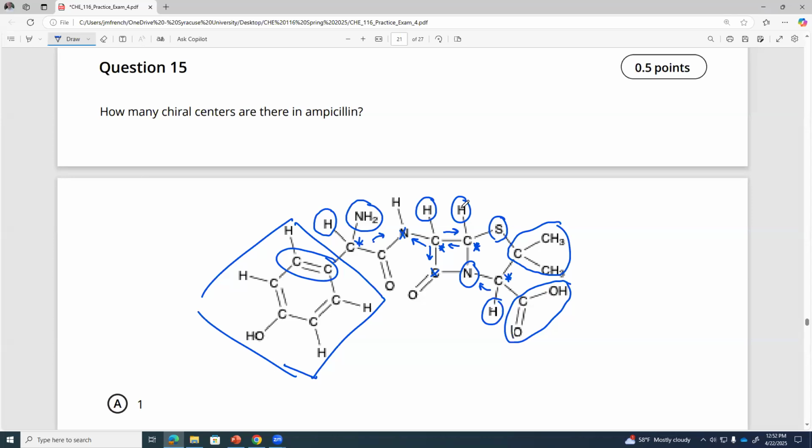In order for it to not be different, an example would be if we had a 6-membered ring, and maybe this will help give you an idea of what I'm talking about with the symmetry.